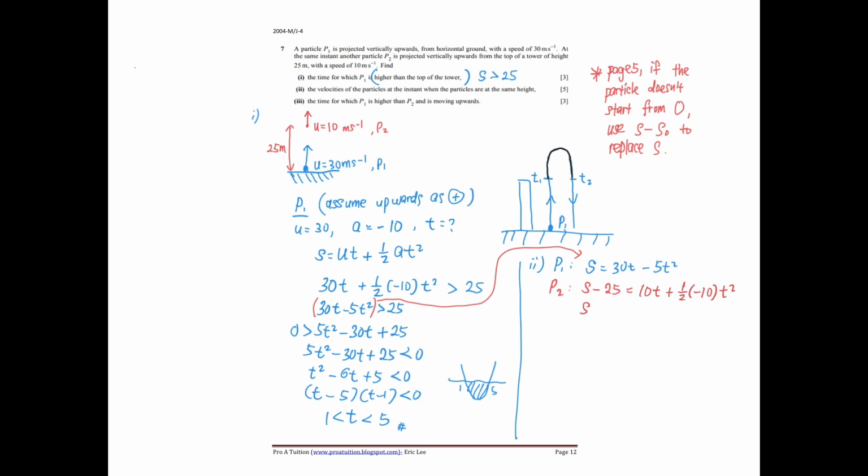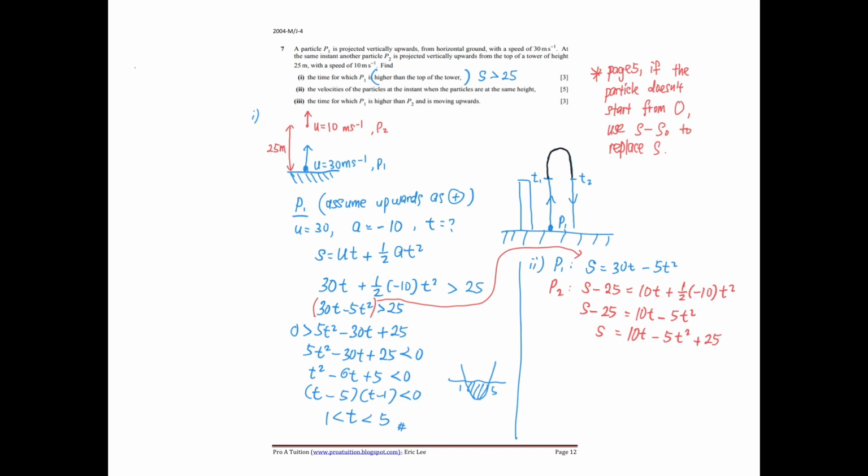If I simplify this, S minus 25 equal to 10T minus 5T squared. So at the end, let's say I change it to S. S equal to 10T minus 5T squared plus 25. So I get the equation for P2 already.